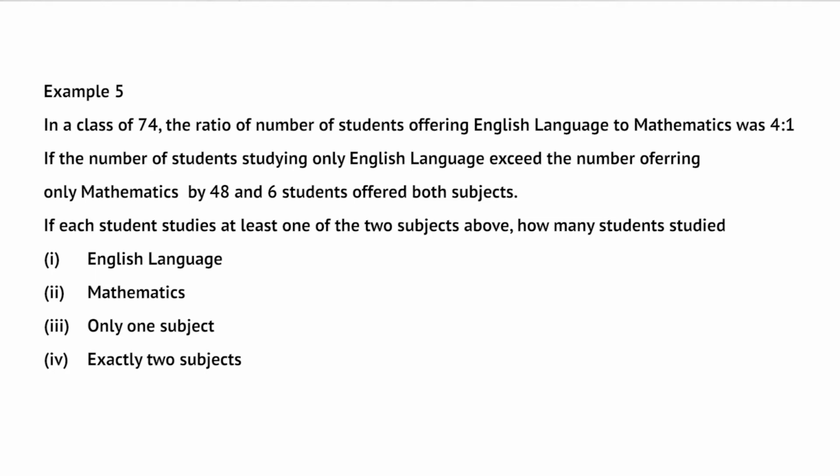If the number of students studying only English language exceeds the number offering only mathematics by 48, and 6 students offered both subjects, if each student studies at least one of the 2 subjects above, how many students study English, mathematics, only one subject, and exactly 2 subjects.